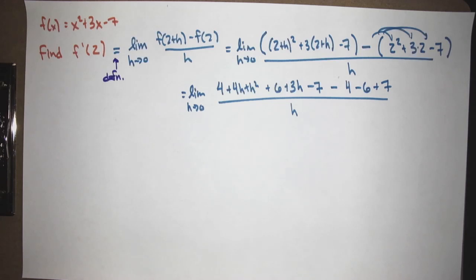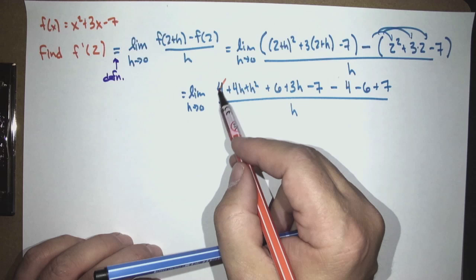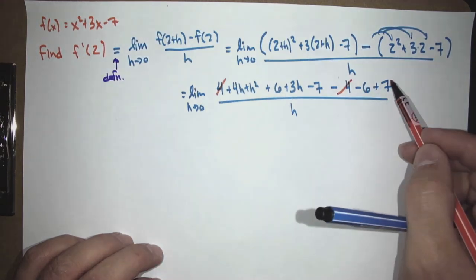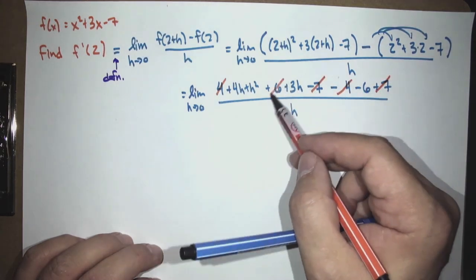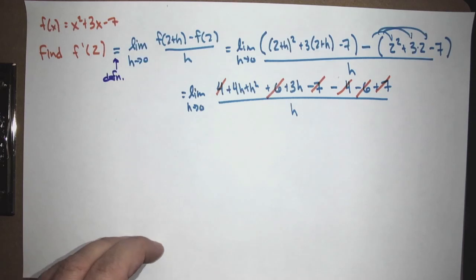Yeah, we can combine terms. And if you've lived a good, clean algebra life, what should happen? You should get lots of cancellation. In particular, if there's not an h attached, you should hope that you get cancellation. And you do.